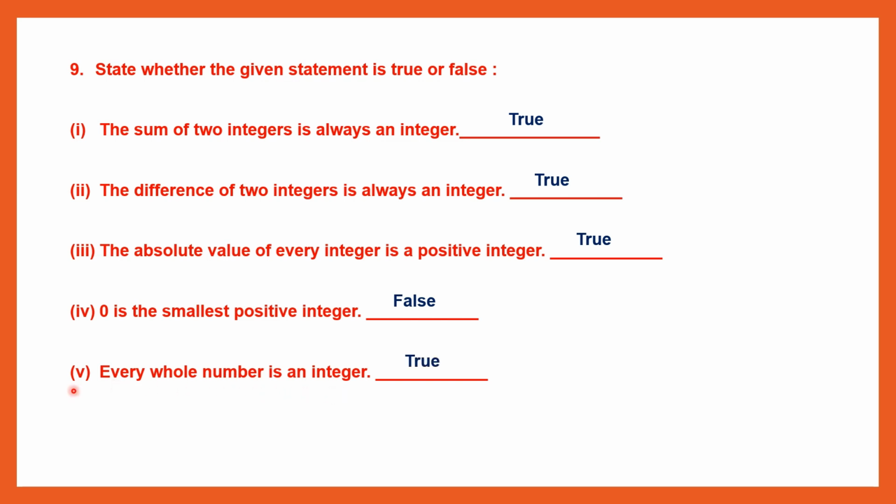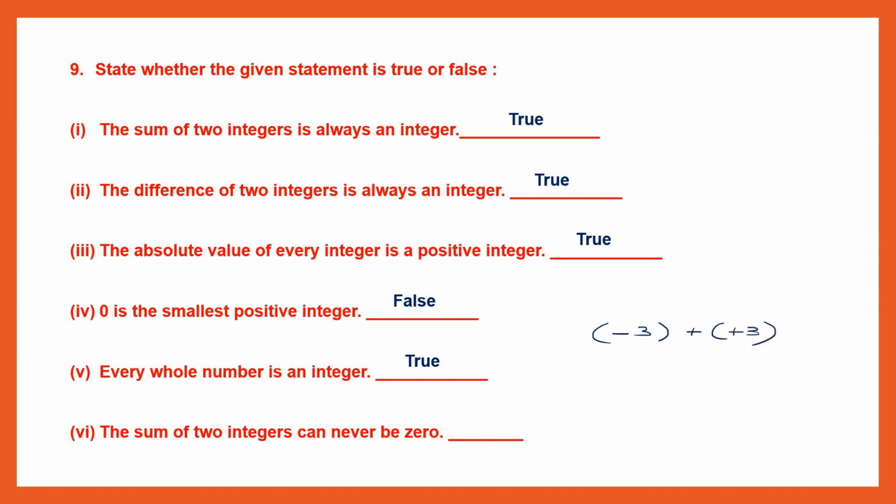The statement is true. The sum of two integers can never be 0. Okay, now let's take two integers. If I take minus 3 and add it to positive 3, negative 3 plus positive 3, my answer will be 0.